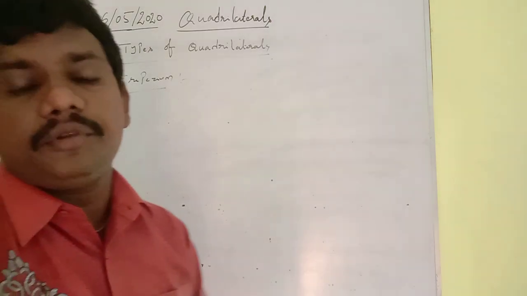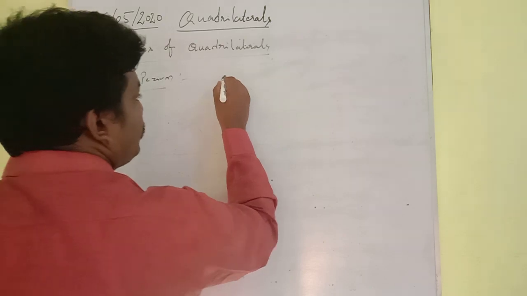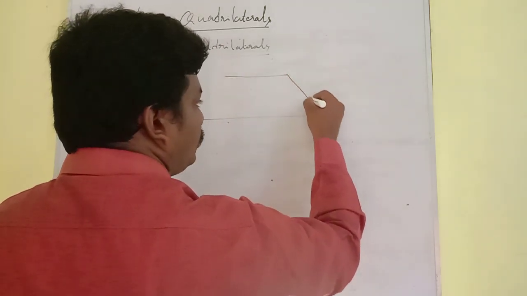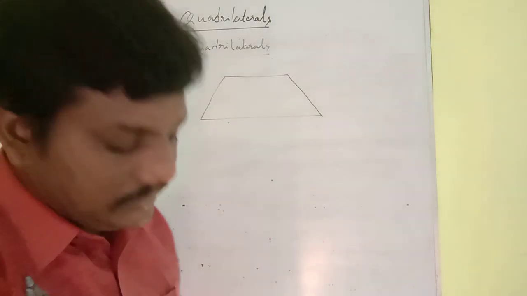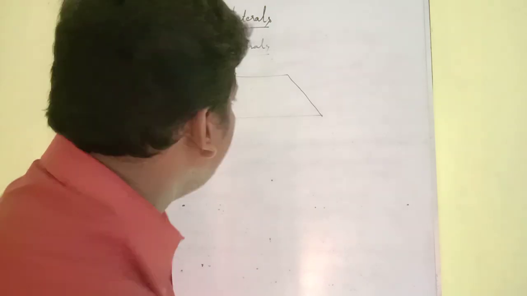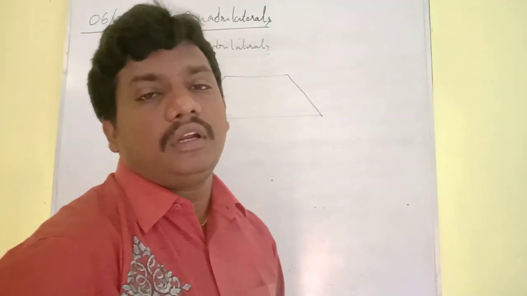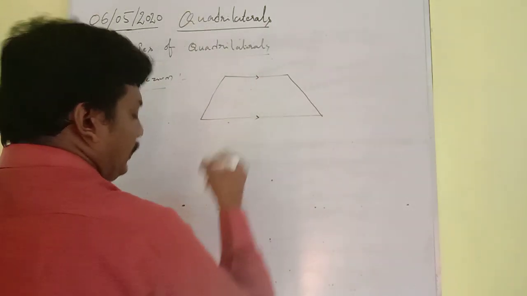What is a trapezium? The diagram of a trapezium is like this. Two sides are parallel, that is, one pair of opposite sides are parallel. A quadrilateral in which one pair of opposite sides are parallel, these are the parallel sides.